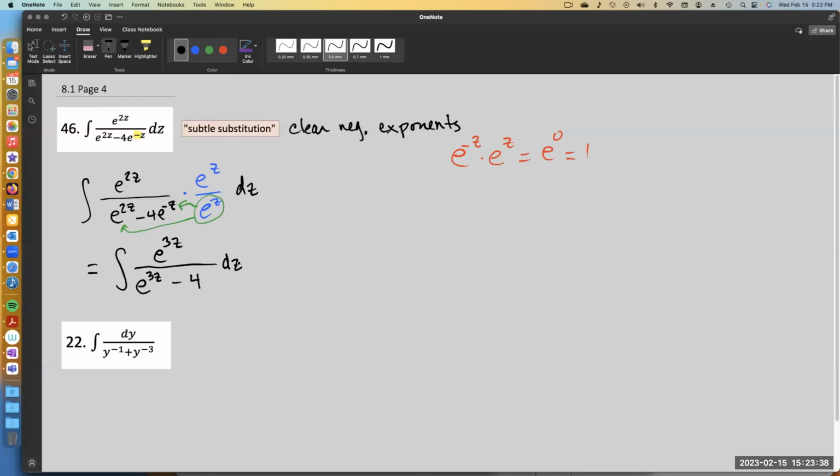I have a question. Can't we take that e to the negative z to the numerator? No, we can't take it to the numerator directly because of this minus.